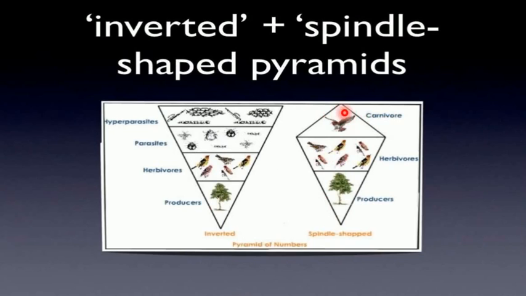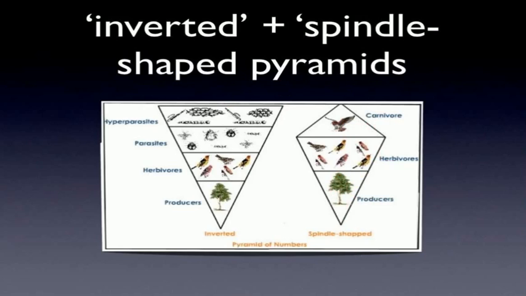So the upside of this pyramid is also quite tapering or constricted. So from both the sides it is tapering or constricted, and only at the middle it is quite broad. So such shape of the pyramid is called as a spindle shaped pyramid, and that is found in the forest ecosystem.